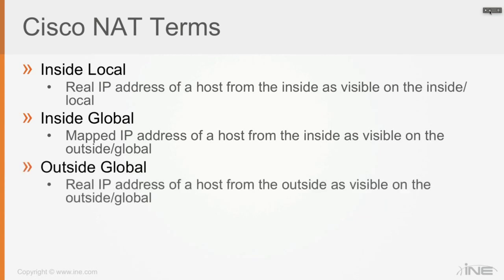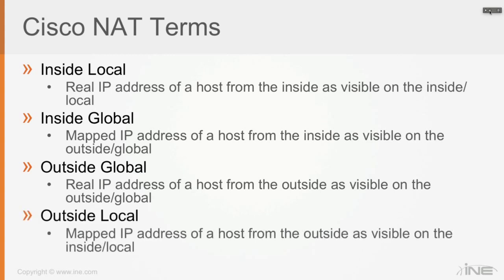Likewise, you have outside global, which is the real IP address of a host from the outside, as visible on the outside or global. And the outside local is going to be the mapped IP address of a host from the outside, because it's still an outside type of address, but it is visible on the inside or on the local.